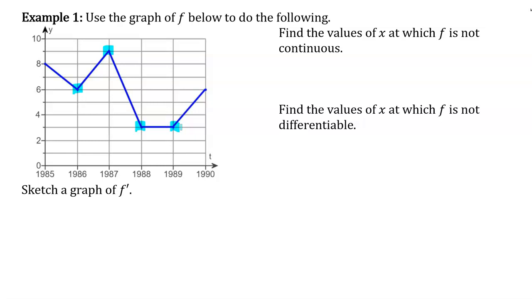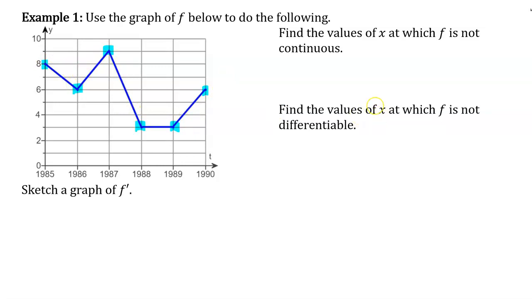Because of those sharp points, they are not differentiable there. Piecewise functions like this one are kind of weird because yes, it's continuous, at least what we see is continuous, but it's not differentiable because we don't have a smooth curve. So it's not differentiable at any of those places.